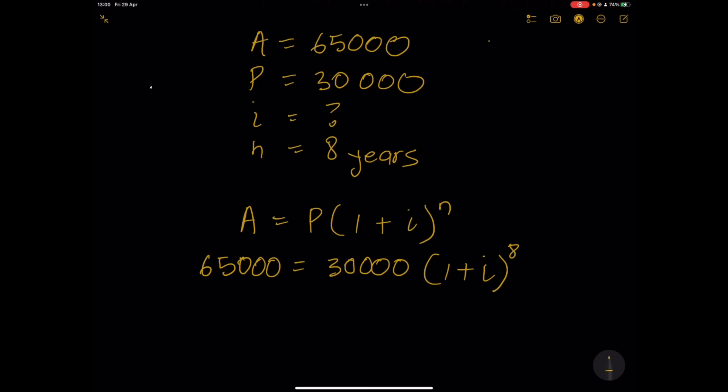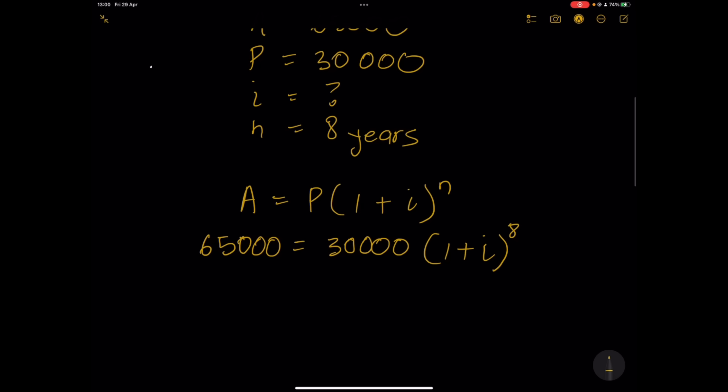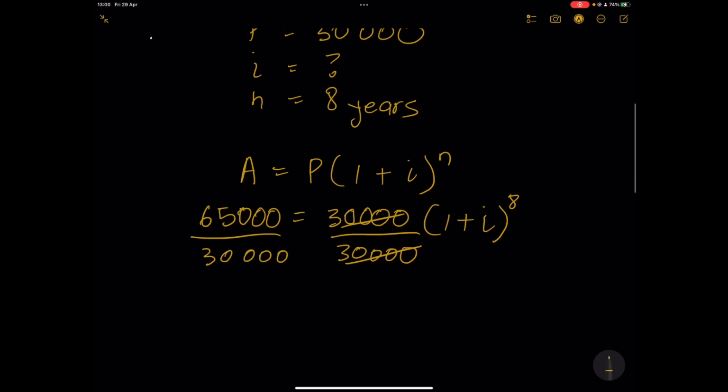Now, of course, we need to solve here. What we're going to do is divide by 30,000 first, okay? And please do not round off just yet. Remember, this cancels that 30,000 there. Those two cancel. And in this case, now, we have an exponent of 8.